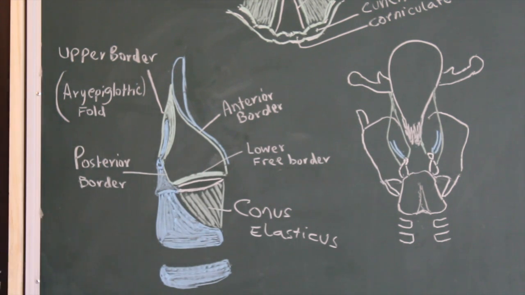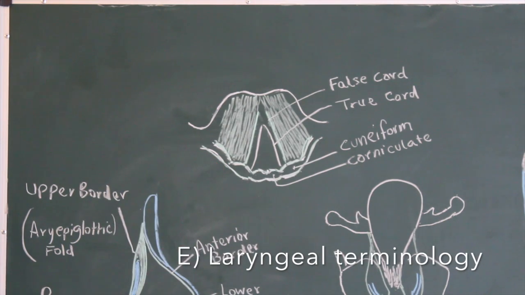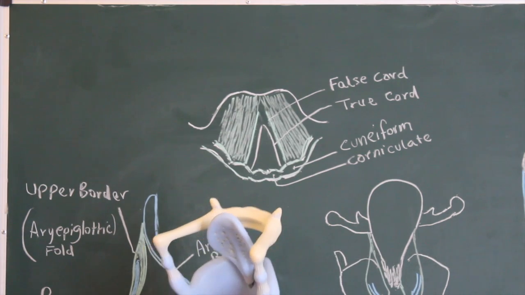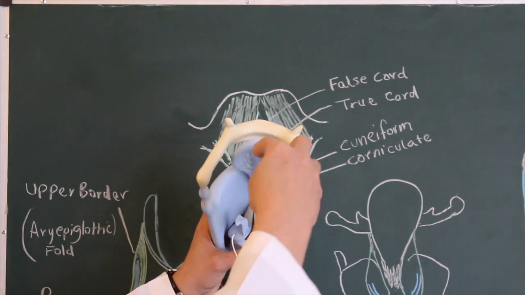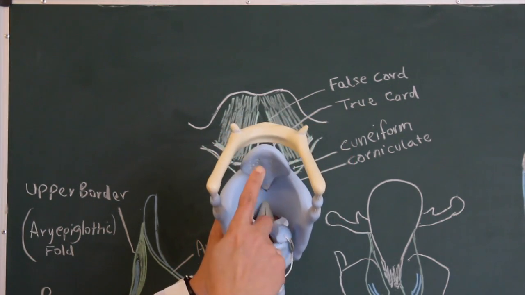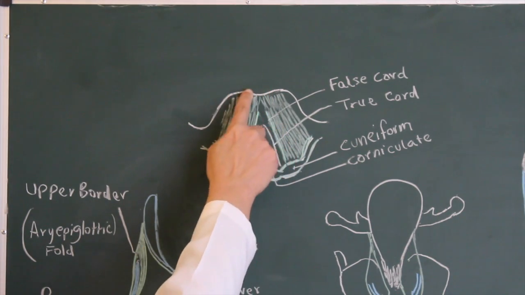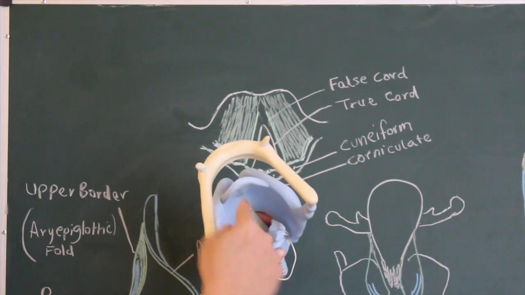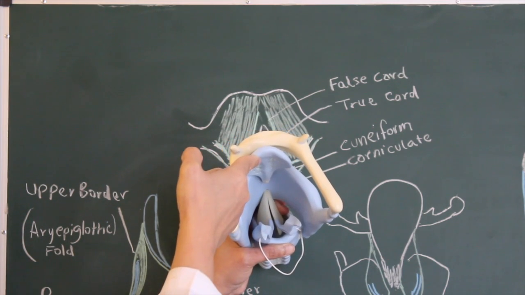Now we'll move on to the other drawing. This drawing represents a view in which you are observing the larynx from the top through the oral cavity. So this is the epiglottis, and then you are looking inside the vestibule of larynx.